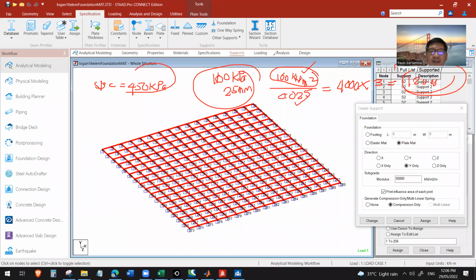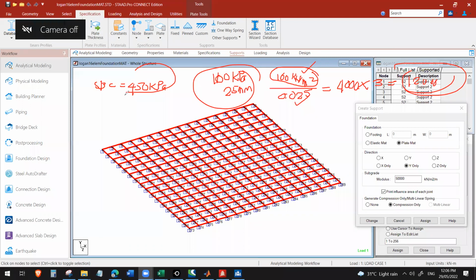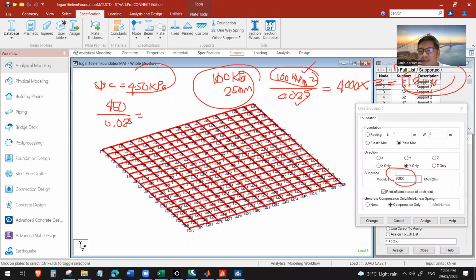No? Okay? So in order to get this, ang ginawa ko is 450 divide 0.025, 18,000, no? But syempre again, yung 25 mm allowable, what if less than that?